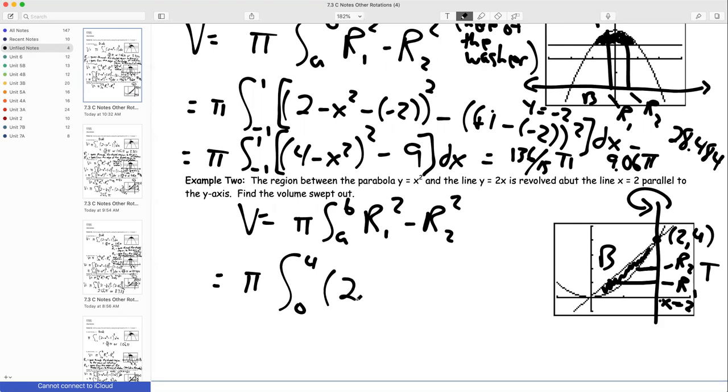So I've got 2 minus, R1 goes from the axis of rotation all the way through the shaded region to the linear function, but I've got to write my linear function as x equals because it's with respect to y. So I'm going to solve that real quick, which gives me x equals 1/2 y. So I've got 2 minus 1/2 y. And then don't forget your squared.